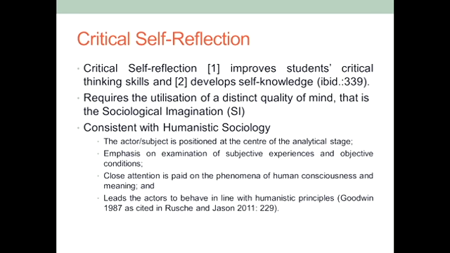It's very important for me to emphasize that in teaching sociology, this kind of approach is consistent with a humanistic sociology, which means it positions the actor or the subject at the center of the analytical stage. The students are driving this process, and it puts them at the center stage of this learning experience. The emphasis is on examination of the subjective experiences and the objective conditions.